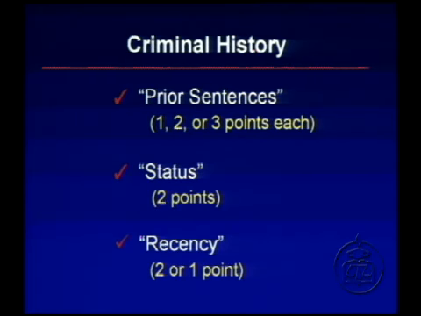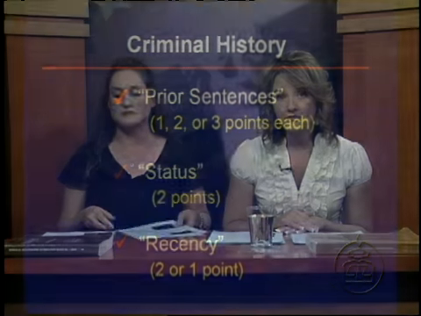Finally, the defendant may receive an additional point or 2, possibly, for recency if the defendant commits the instant offense less than 2 years from release from imprisonment on a prior sentence. So let's look first at how the guidelines address prior sentences at 4A1.1(a), (b), and (c). In order to receive points for a prior sentence, the court must consider 2 factors. First, the length of the prior sentence, and second, the time frame within which that prior sentence was imposed.